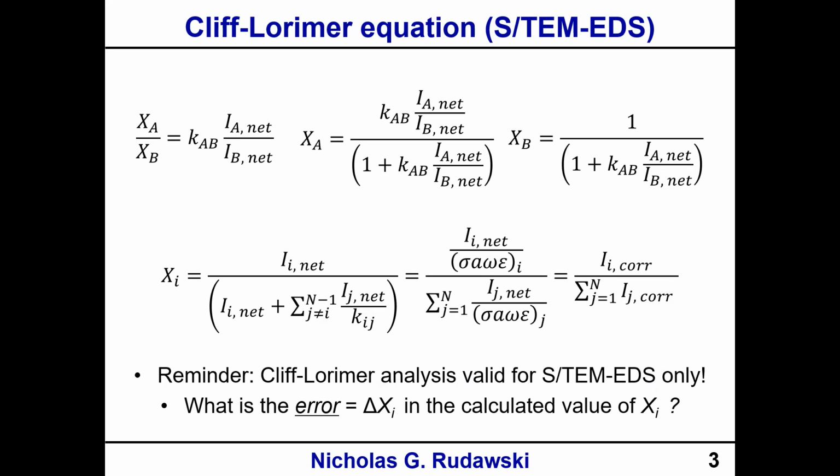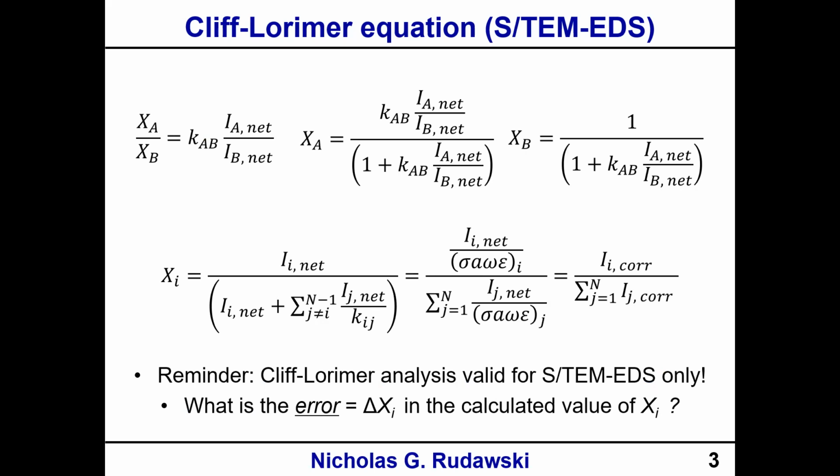You could alternatively write this as the net counts of i divided by the sigma A omega epsilon product for i, which we're going to get into in a minute, divided by the sum of the net counts for each element divided by the sigma A omega epsilon product for each of the constituents.